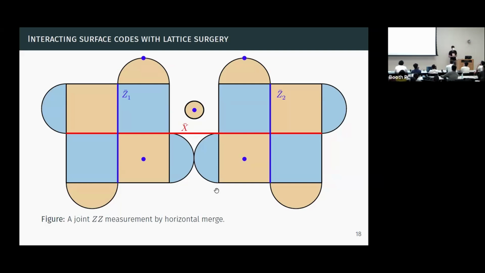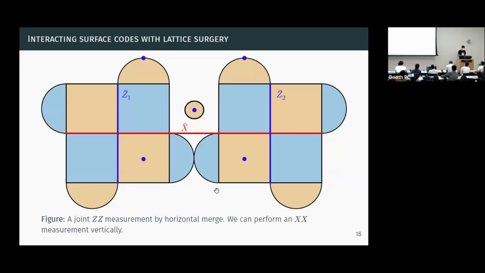So, sorry, can you repeat the question? Yeah. So you need to do 6 measurements to get this joint Z1, Z2 measurement. By multiplying the results of these stabilizer measurement outcomes, that result gives you the joint Z1, Z2 measurement. So the product of those stabilizers is Z1 times Z2.